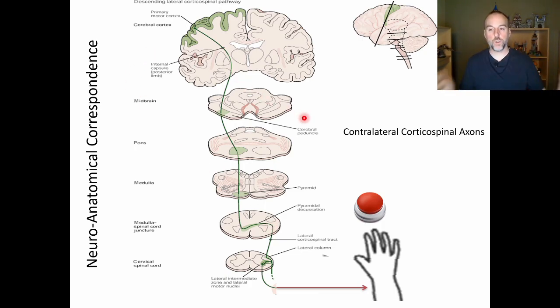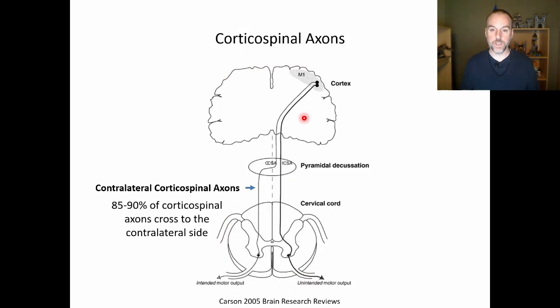So these are contralateral corticospinal axons. And the contralateral ones are the majority, or even the vast majority, of corticospinal axons. So much so that sometimes we just say corticospinal axons. We don't bother adding contralateral because we just assume that's how they all work. The interesting thing, though, is most of our corticospinal axons are contralateral, but some, a minority, are ipsilateral.